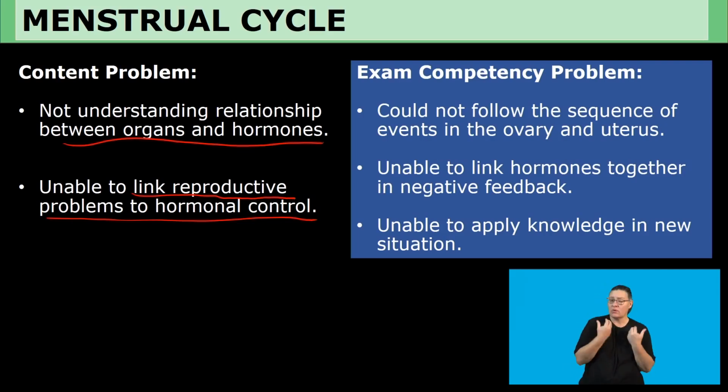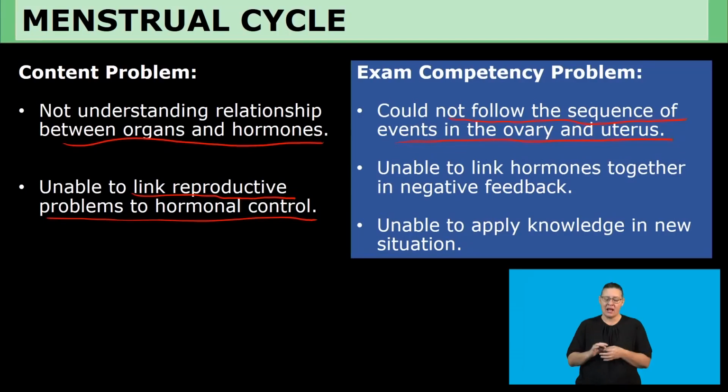So the challenges that we have here is that the sequence of events that are there in the ovary and uterus, learners tend to confuse or they don't understand. And linking the hormones thereof together with the negative feedback mechanism. And knowledge that we are supposed to apply on any given scenario which is new to us or unfamiliar in the examination setup.